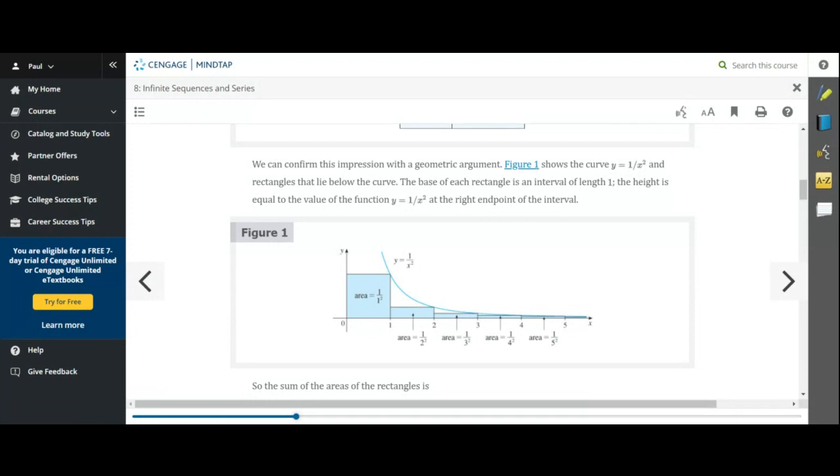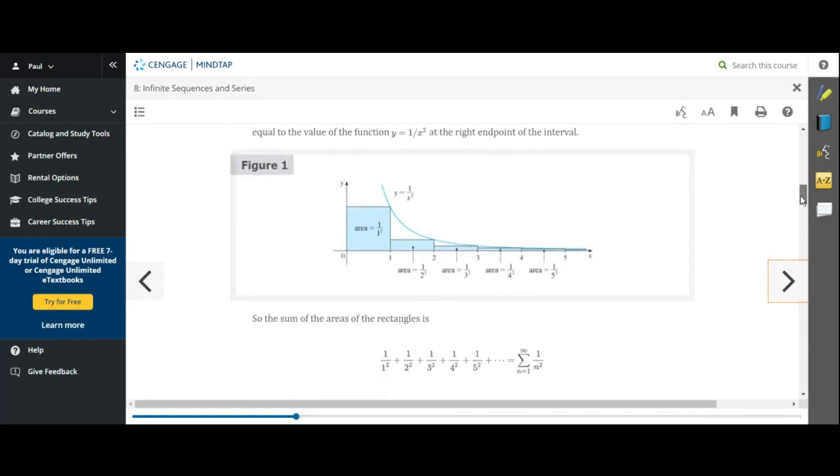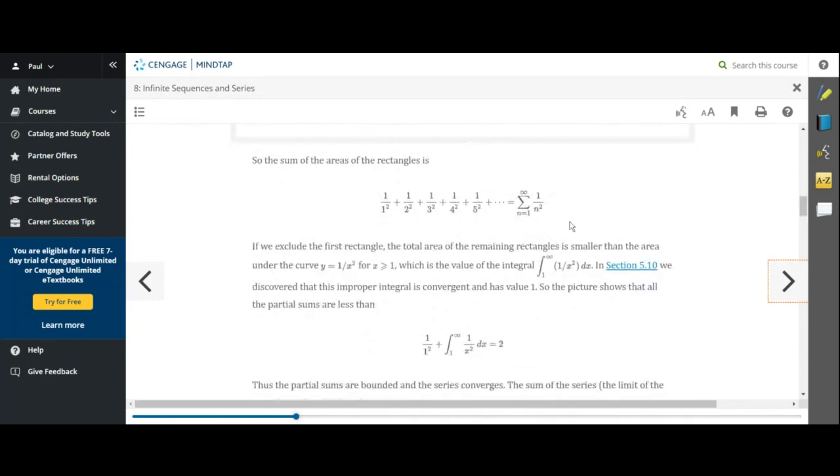So the fact that that's true means that if that greater area, which is this area here, the integral from 1 to infinity of 1 over x squared dx, and then you add the 1 to it, that's equal to 2. You can show that equals 2.